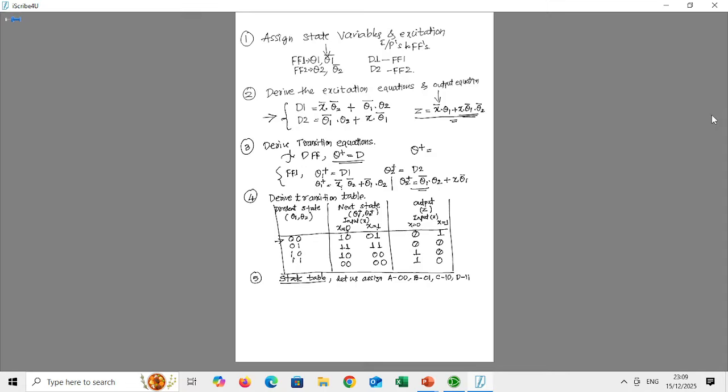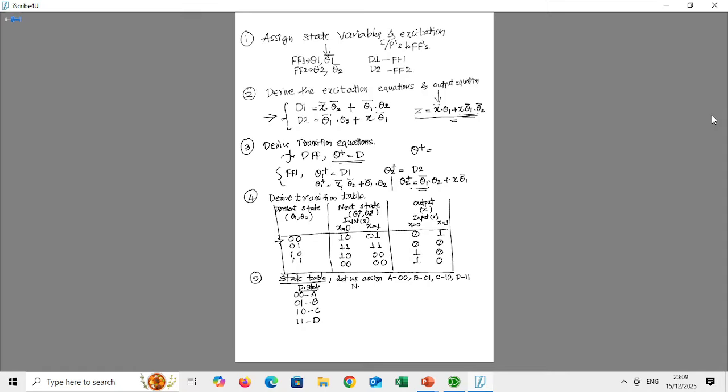Now we know that 00 means it is A, 01 is B, 10 is C, 11 is D. This will be the present state.